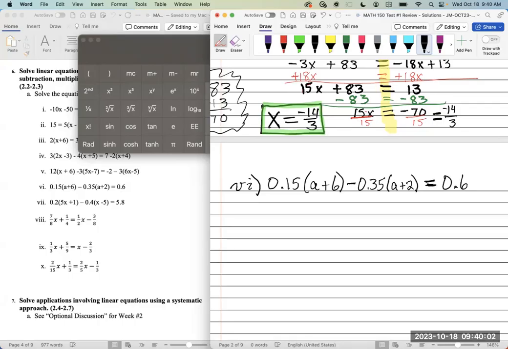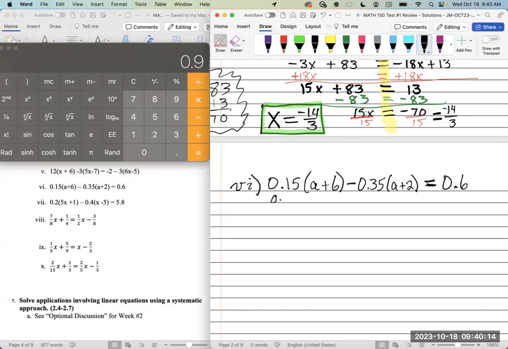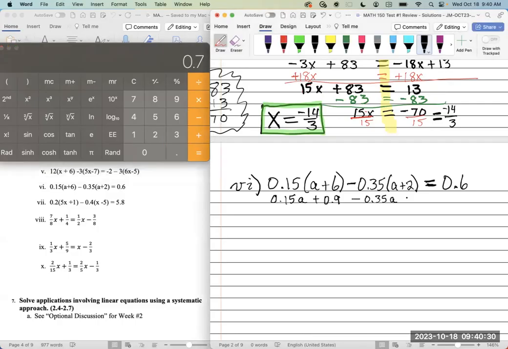I have no idea what that is, but I know I can distribute. So the left side becomes 15/100 A plus 9/10 minus 35/100 times A, and then 35/100 times 2.